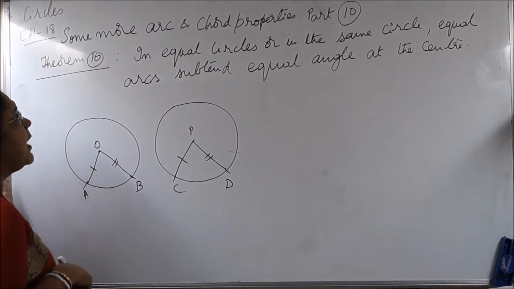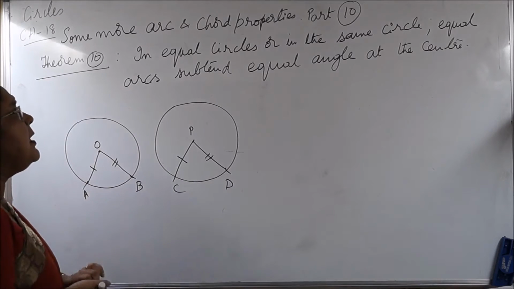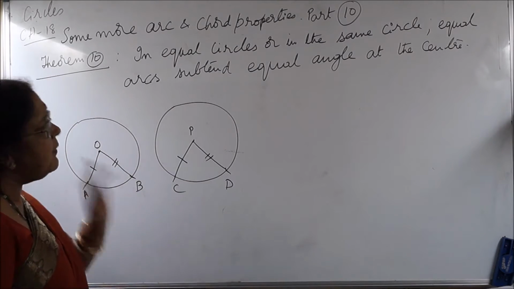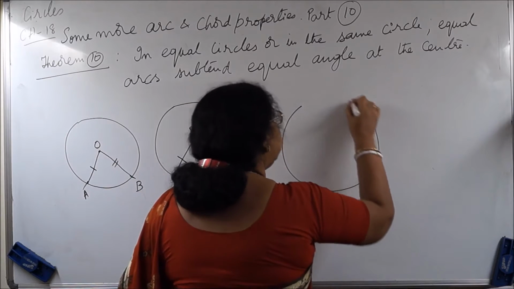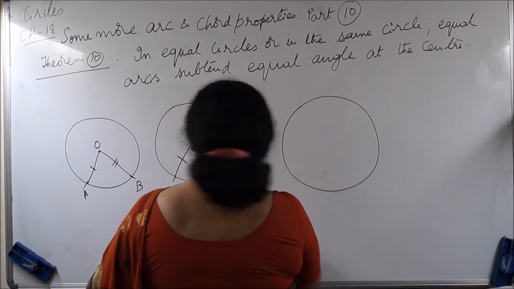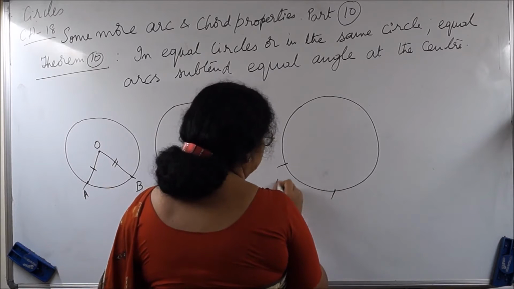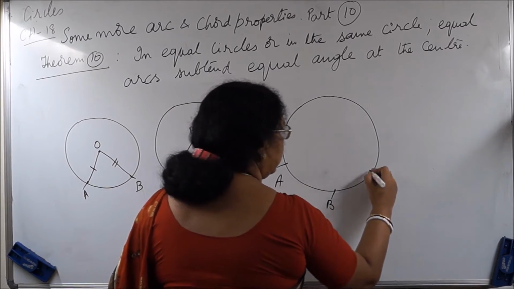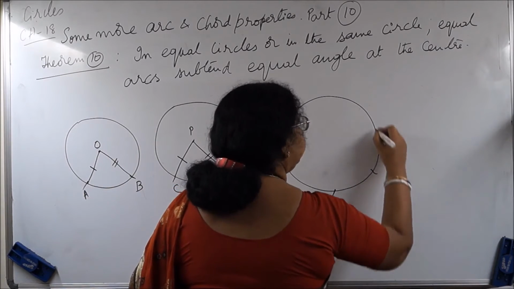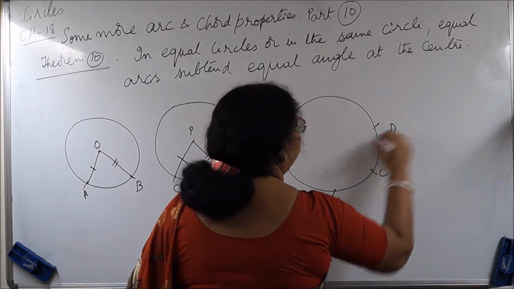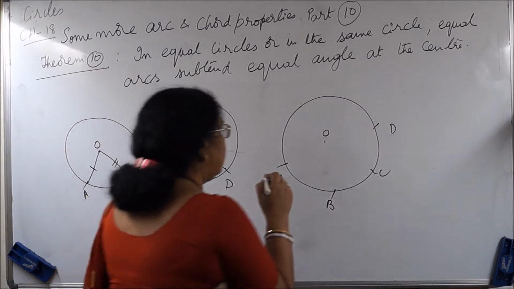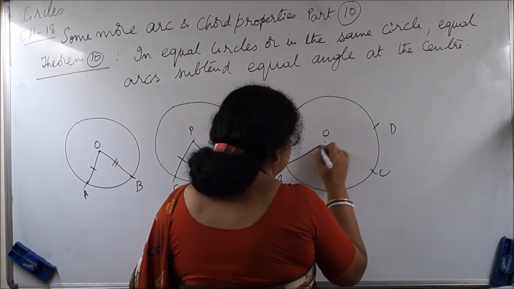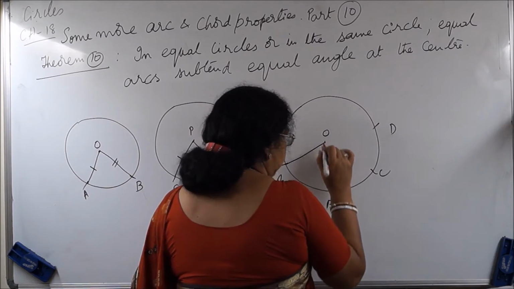Okay, so now according to this theorem, in equal circles or if it is in the same circle, it will be like this. In the same circle, if there are two arcs, so again let us say AB is one arc and CD is another arc, and this is the center.